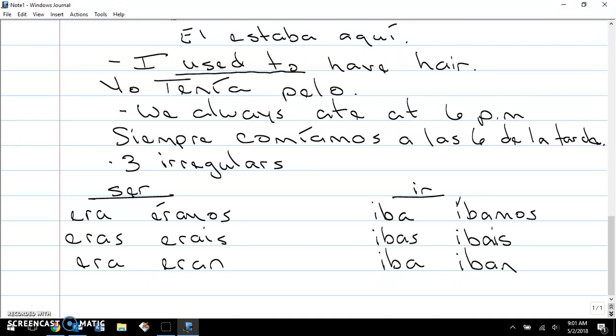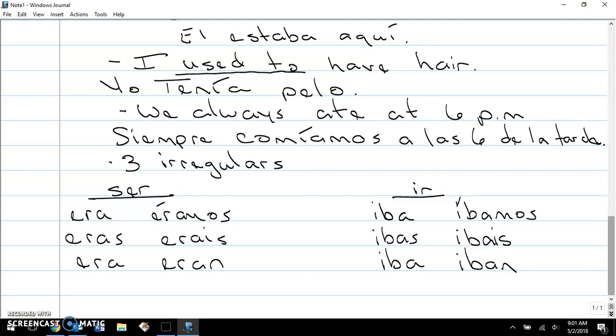Now notice some things that will help you here. Ser, okay, ser is kind of reverse conjugated. Normally when you conjugate a verb, you drop the ER. In this case, they dropped the S and then left the regular ER endings. ER, AS, ER, A, ER, AMOS, ER, AIS. So that may help you remember those.